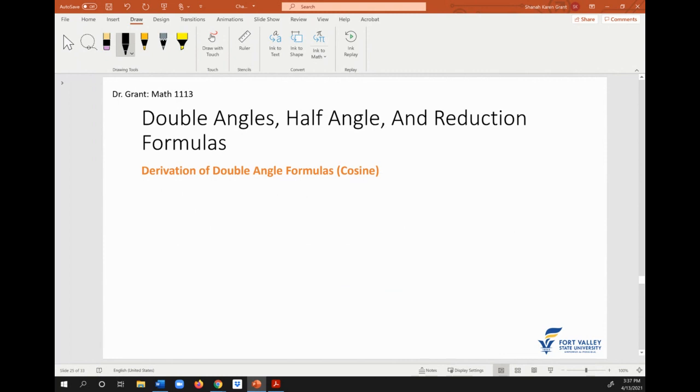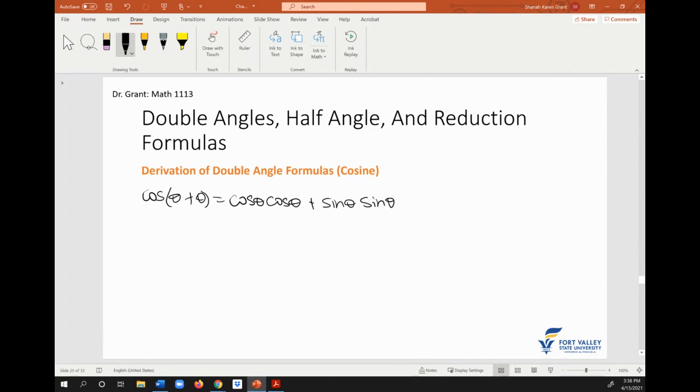We can also use a similar format and come up with our double angle formula for cosine. So we can still say, well, cosine of theta plus theta is going to be equal to cosine theta times cosine theta plus sine theta sine theta.